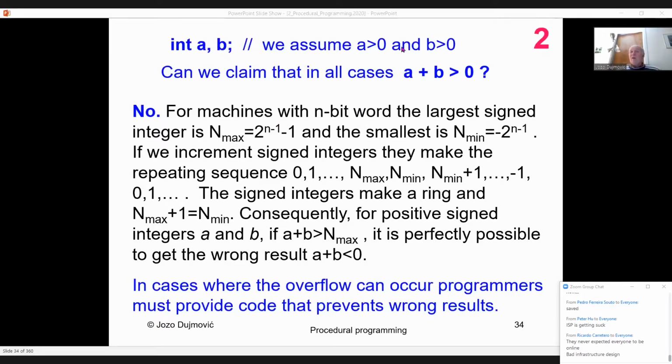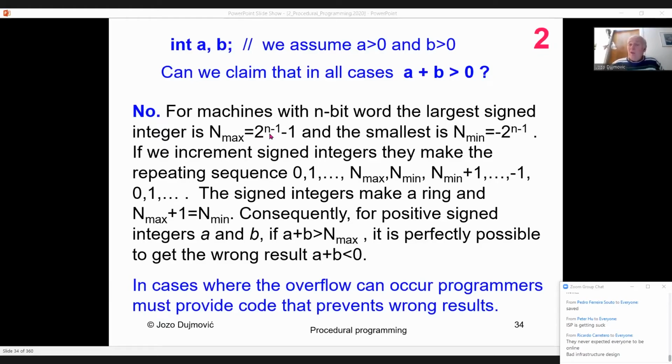The second question is, if you have integers A and B that are positive, can we claim that in all cases the sum of two positive numbers is positive? Of course, we've seen several programs where this is not the case. Therefore, the answer is no. For machines that have n-bit word, the largest signed integer is 2 to n minus 1, minus 1. And the smallest value is this one here.